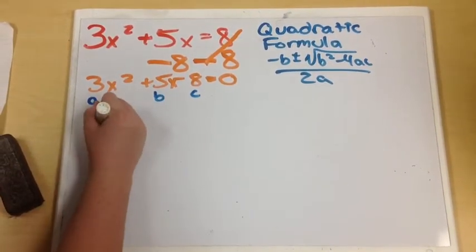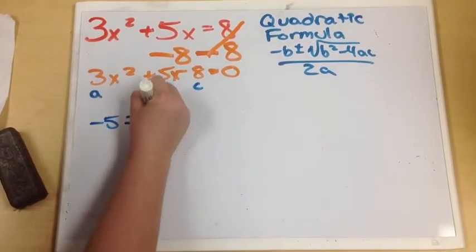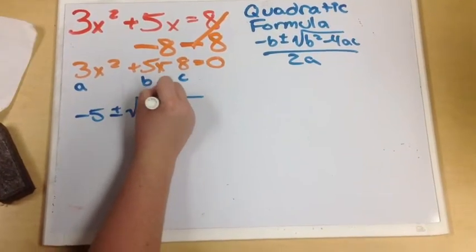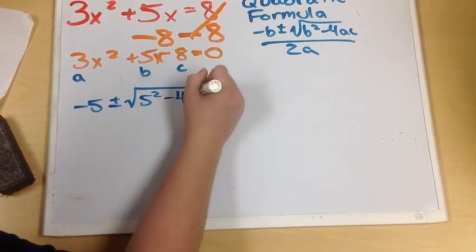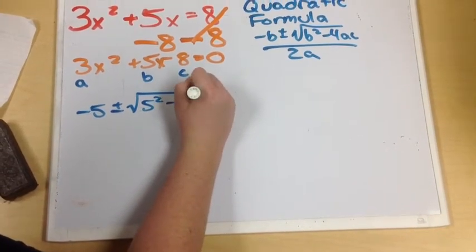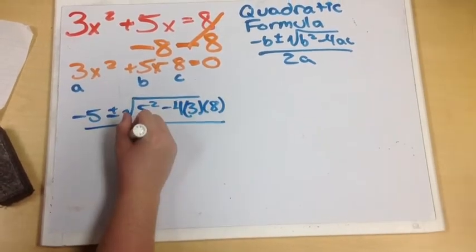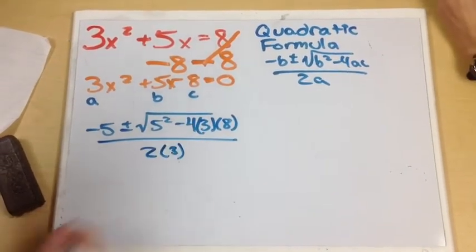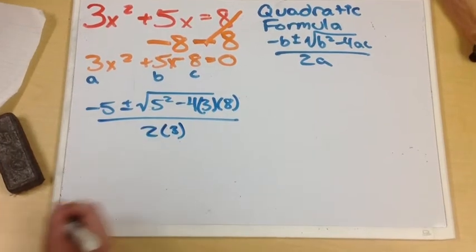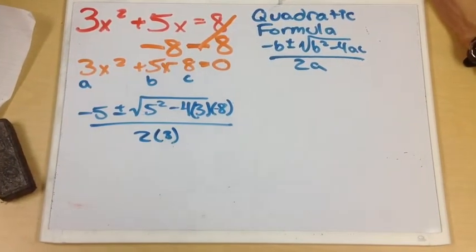So first start off with negative b plus or minus square root of b squared minus 4a, which is 3, and c, which is negative 8. You forgot the negative 8. Plus or minus square root of 121.